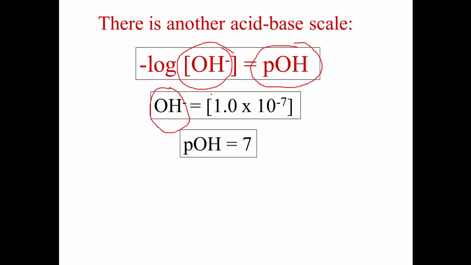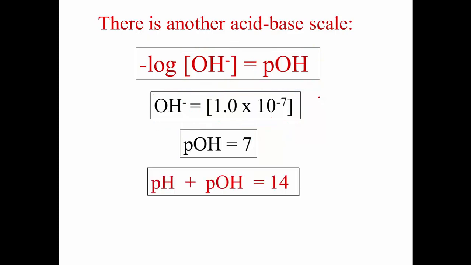And in neutral water, that is still 1 times 10 to the negative 7, and we get a pOH of 7. So neutral water has both a pH and a pOH of 7, and the concentrations of the hydroxide and hydronium ions are equivalent at 1 times 10 to the negative 7. The pH and the pOH together add up to 14, and you'll see why that is quite useful as we work through some problems.